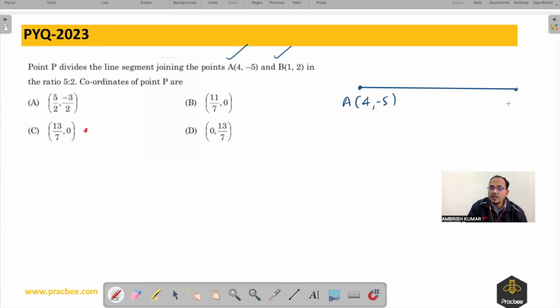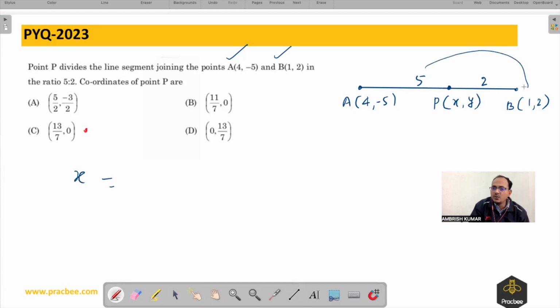This is point B, the coordinate given as 1, 2. And there is a point P which divides AB in the ratio 5:2. So the coordinate for this P we can assume as x, y, so apply the section formula.